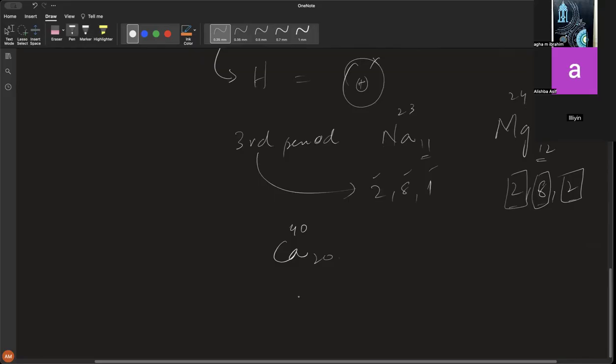For calcium, 2 in the first, maximum 8 in the second, and then 8, how many is that? 8, 8, 16, and then 2, this is 18. And then 2, right? Yes. This is going to be the electronic configuration of calcium.